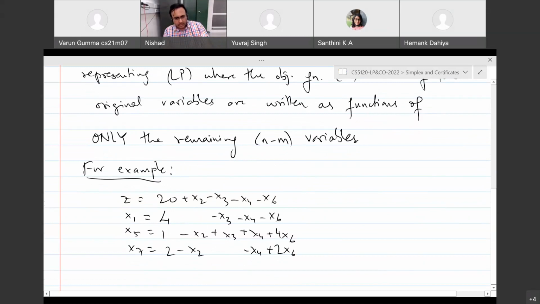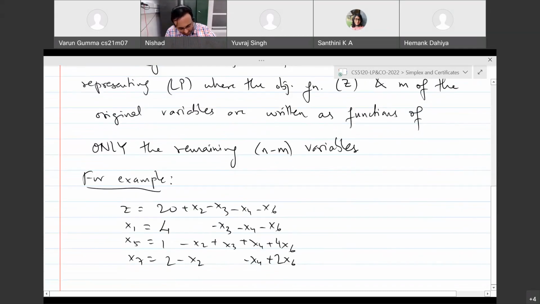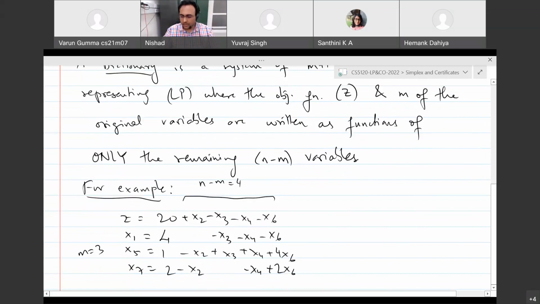Right. So here we have m equal to 3 and n minus m equal to 4. Okay, so that's what a dictionary is.